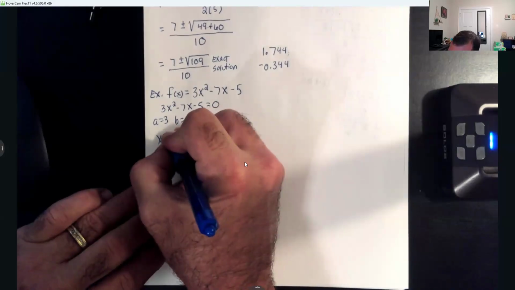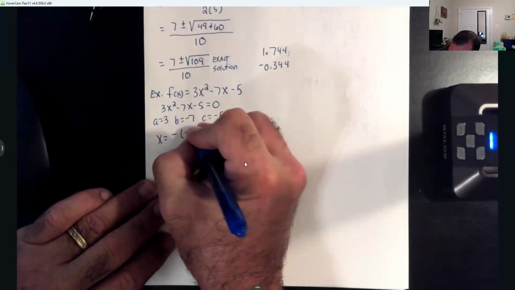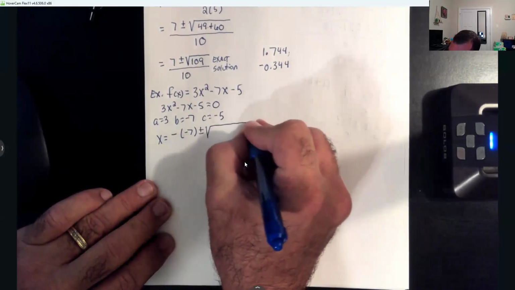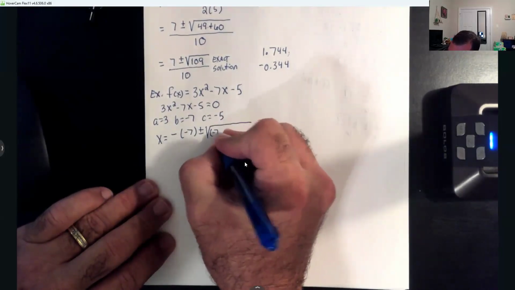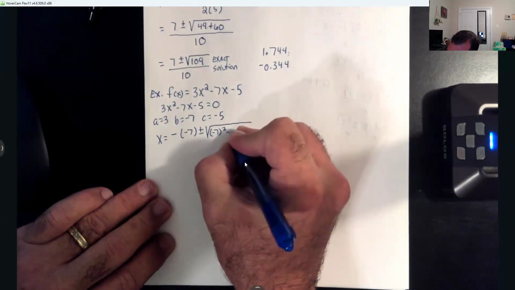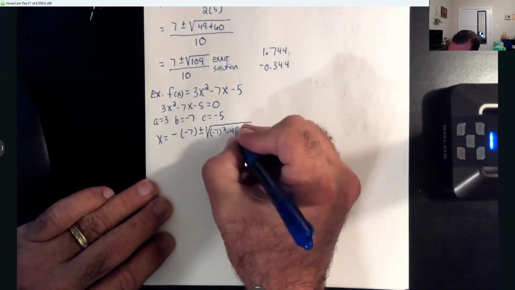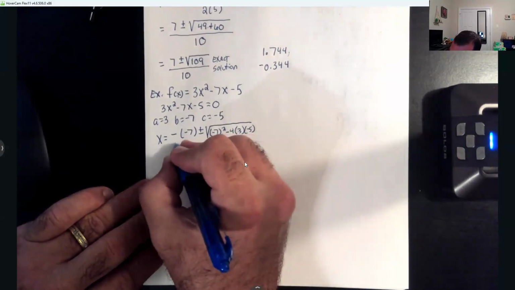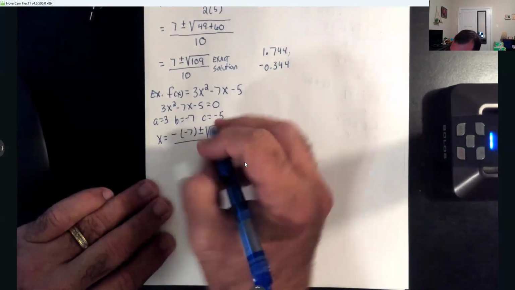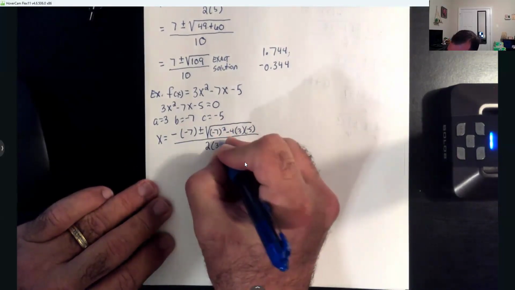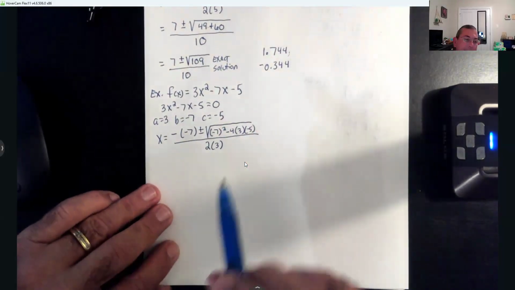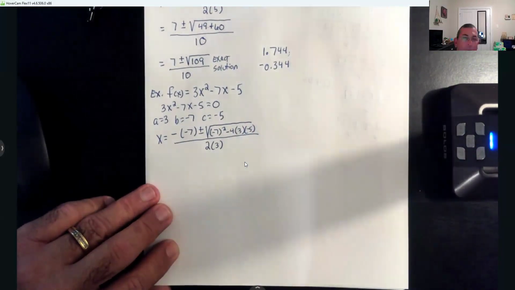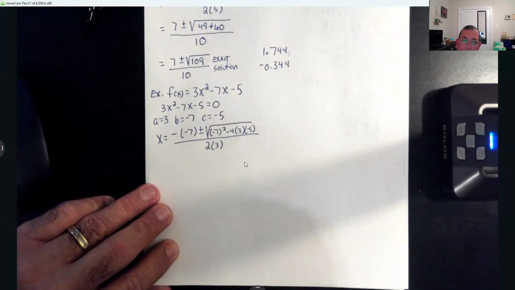X equals negative B, which is negative 7, plus or minus square root, negative 7 squared, minus 4 times 3 times negative 5, all over 2 times 3. Now, y'all often get asked about the 4 and the 2. That 4 and 2 are always in the formula, okay?